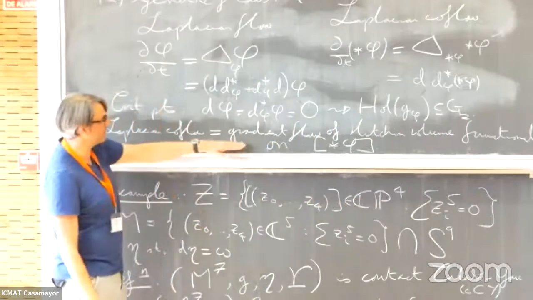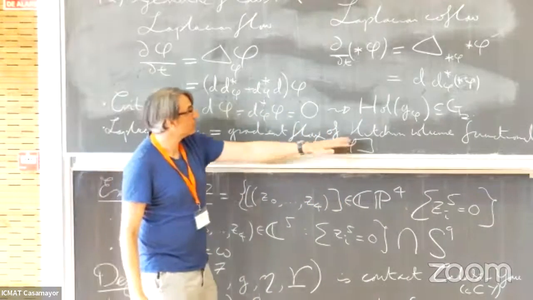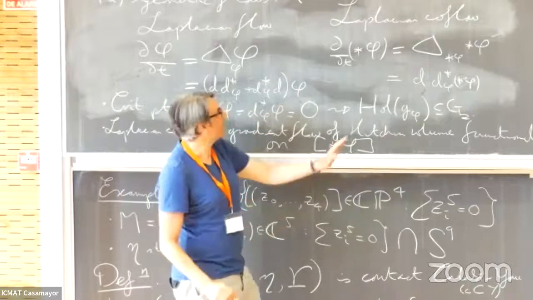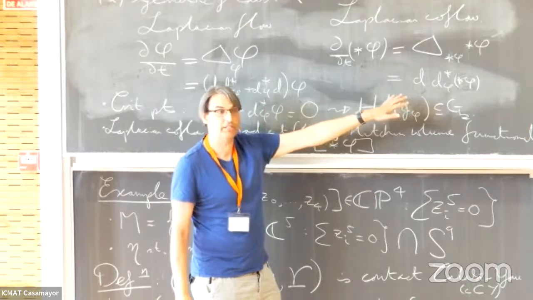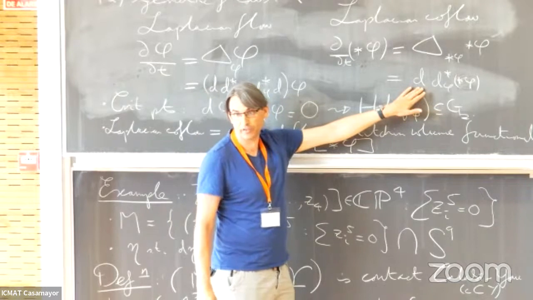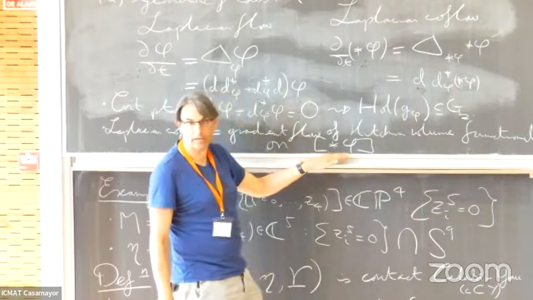So that's a bit small, but what it says is, if I look at this flow, I'm going to stay in a fixed cohomology class for star phi because I'm moving in exact directions. So the flow is actually on this class.